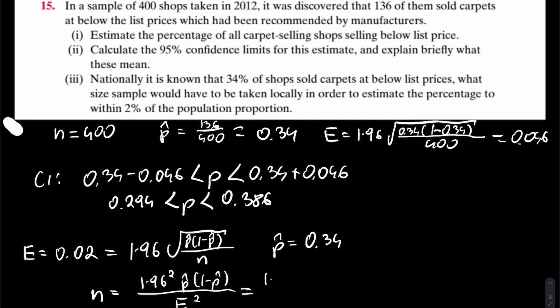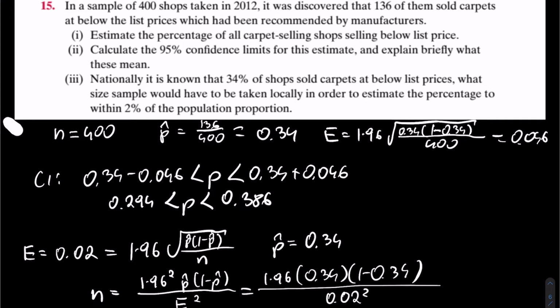Substituting the values in, 1.96, 0.34 times 1 minus 0.34, and below, the value 0.02 squared. So let me calculate this quickly.